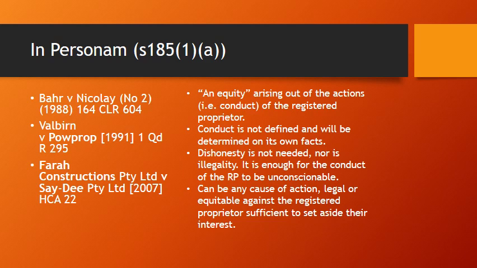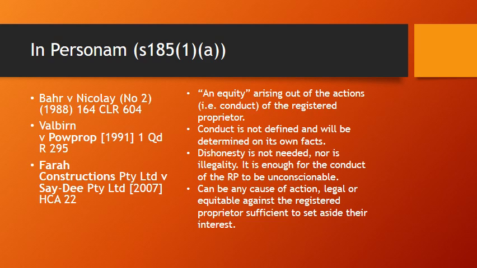That is conduct where one person who has become the registered proprietor, and remember we're talking about the interests of the registered proprietor and the activities that they've done, because it's an equity arising out of the actions of the registered proprietor. They have taken on an interest which is unregistered and agreed to be bound by it.